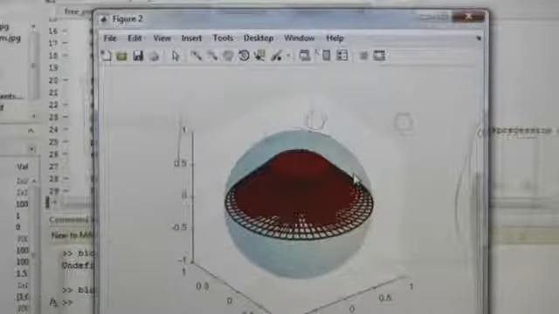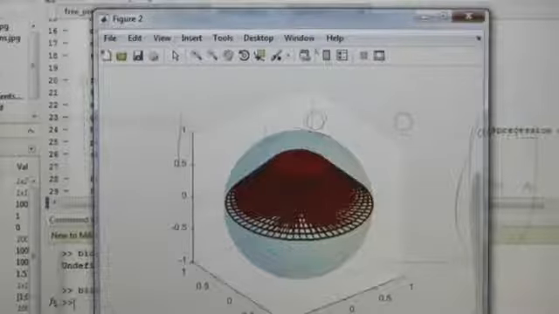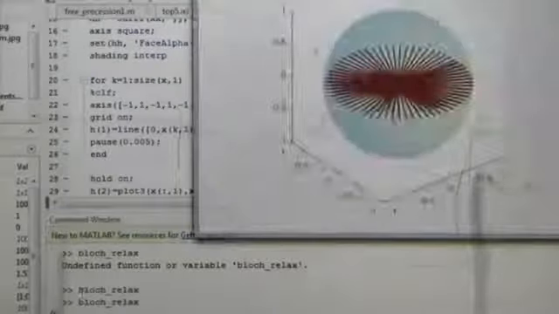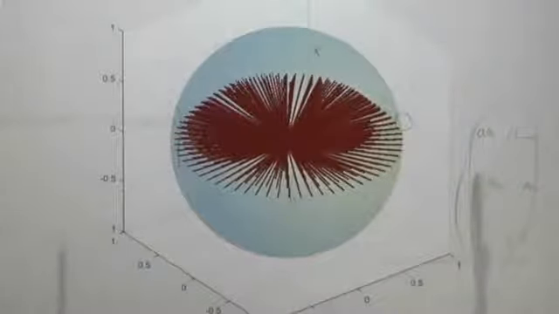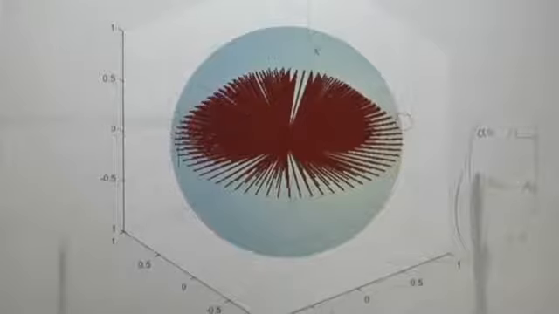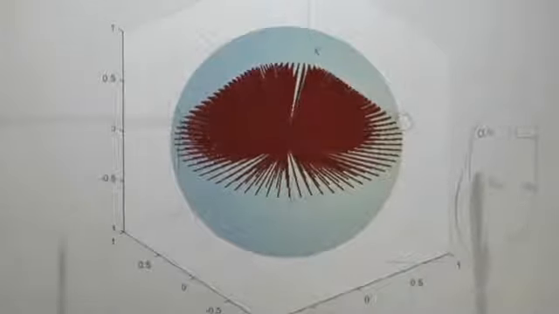Okay, so I'm going to rerun this program, and you can focus your attention on how the system is going to relax with time. You see the x and the y components, both of them are decreasing in magnitude, which means they are dephasing, and the moment is also tilting towards the z-axis.